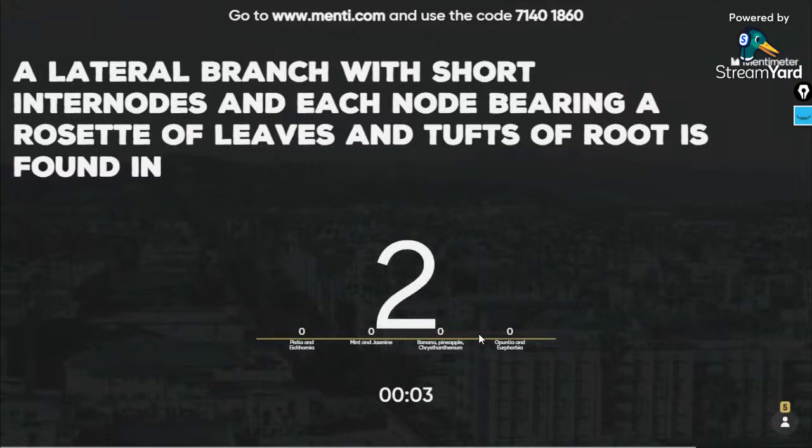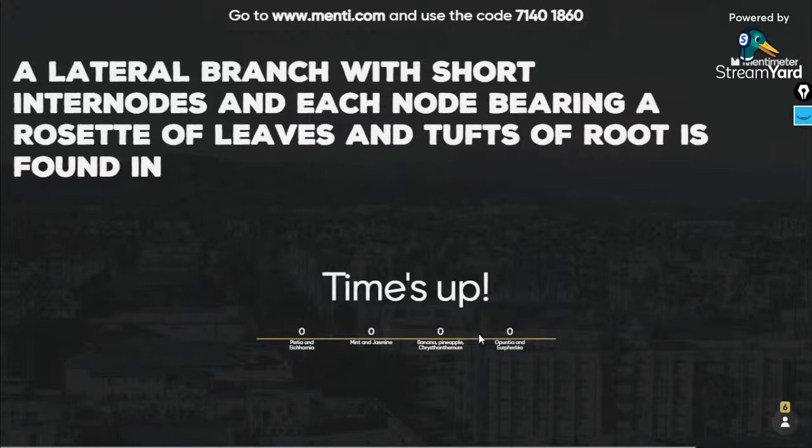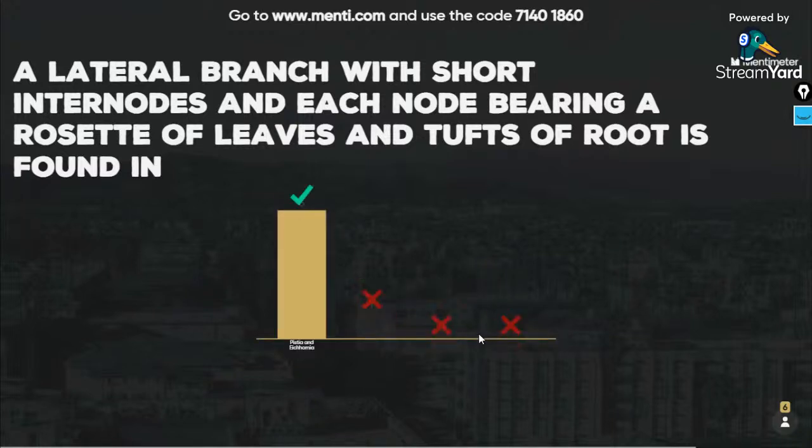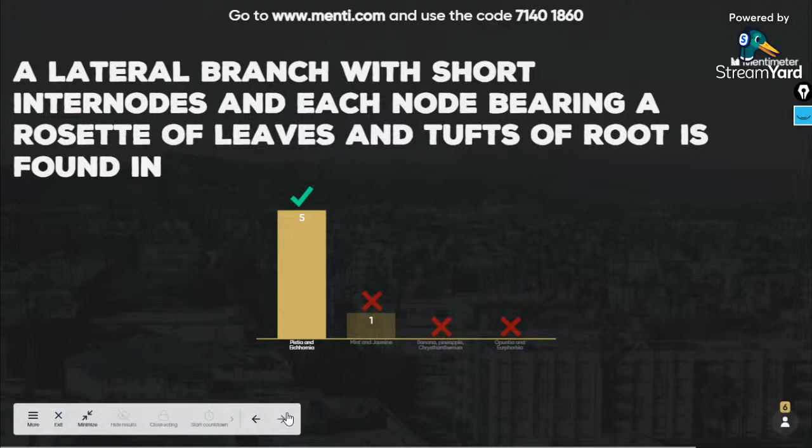We discussed this in the class. One of you has not listened in the class. It is Pistia and Eichhornia. You call that structure an offset.